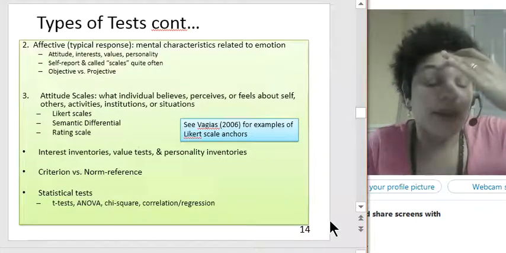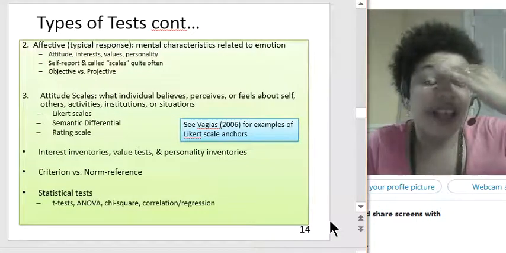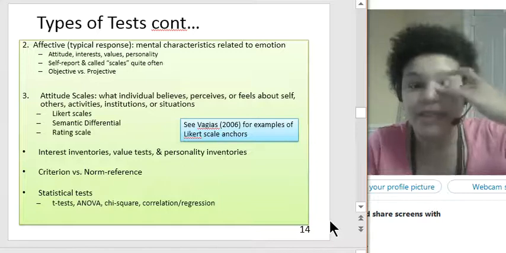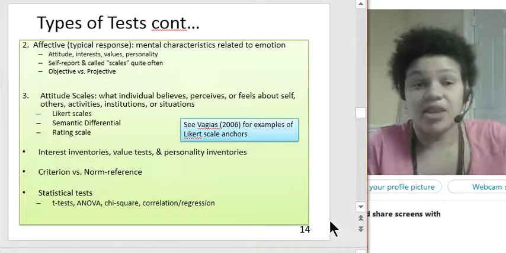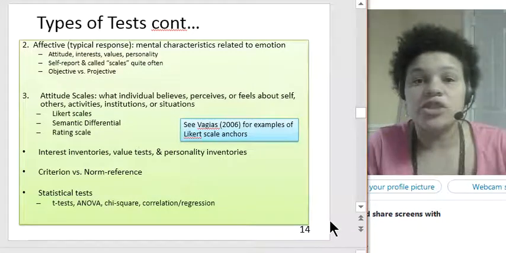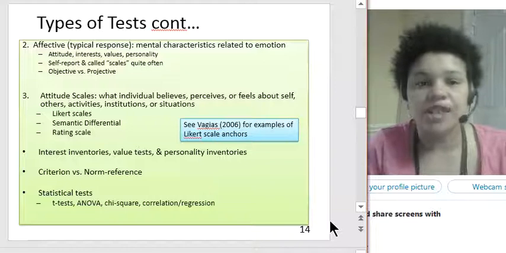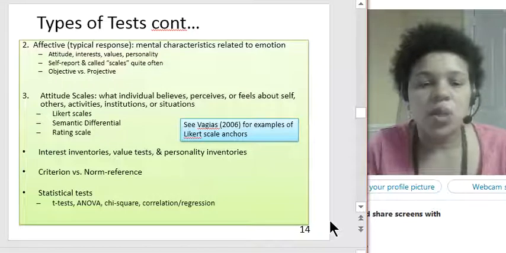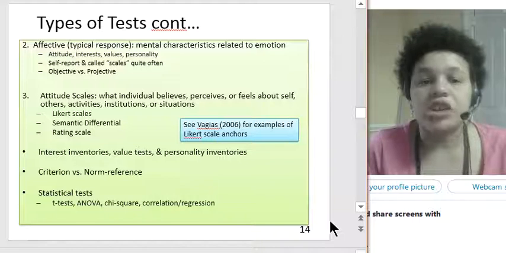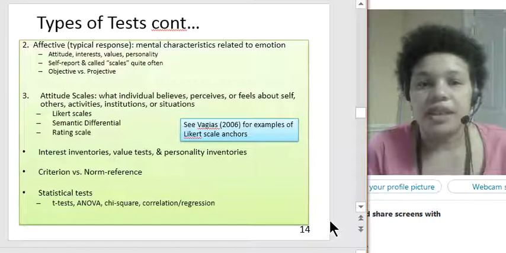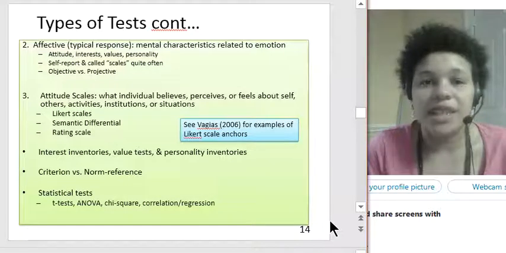Okay. Now, there are some tests that we would consider about affect. Mental characteristics related to emotion. So it may be that an attitude or an interest scale is related to affect.